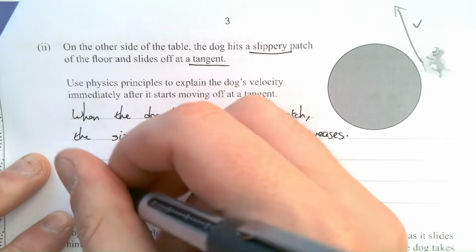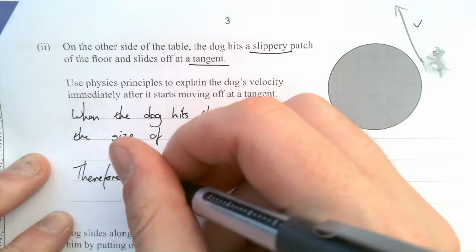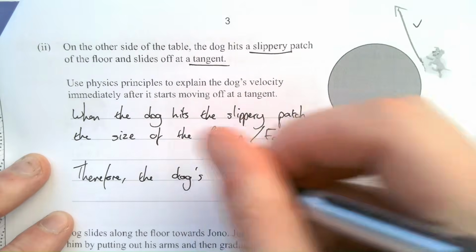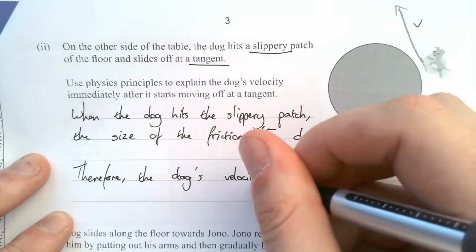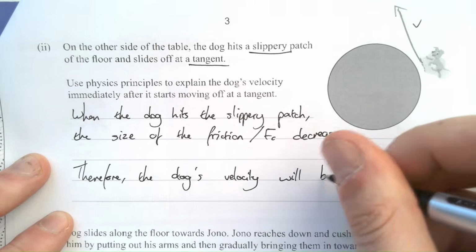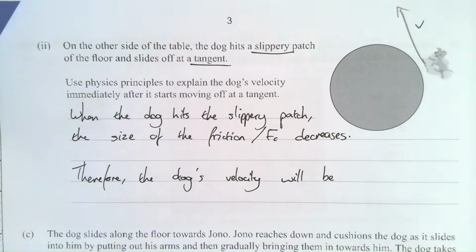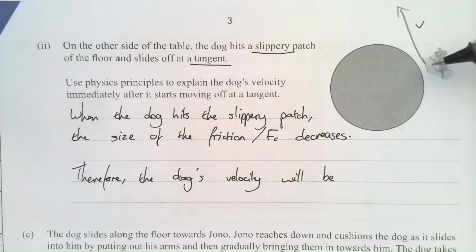Therefore, the dog's velocity will be, because we have no force pulling the dog towards the center anymore, we're assuming there's either a very small centripetal force or none at all.